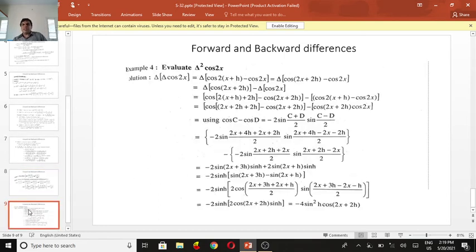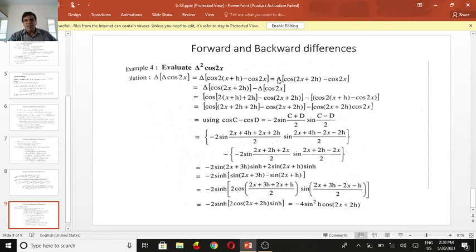Now we come to the trigonometrical form. So del square of cos 2x. Instead of del square, we can write del of del of cos 2x. If you apply the del of cos 2x formula, del of cos of (2x plus h) minus cos 2x.